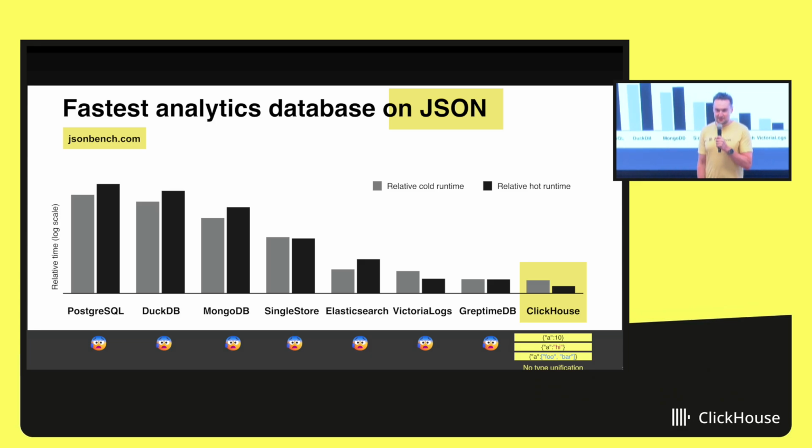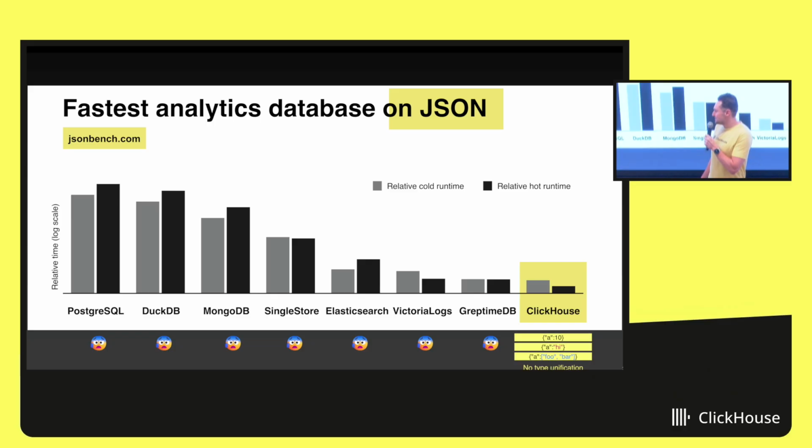And we already received a lot of contributions for other open source databases to this benchmark. We have tested a few databases with the native support for JSON by ourselves, but then received some new contenders. And it is not surprising that ClickHouse is the best.